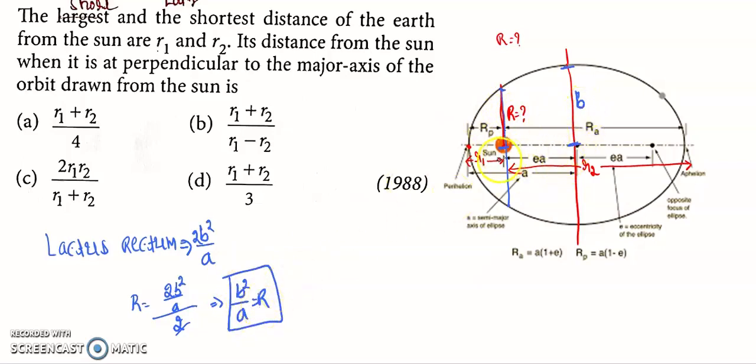Now we have to find b square by a in terms of r1 and r2. First, how do we find a? Look, this is r1, and this is a.